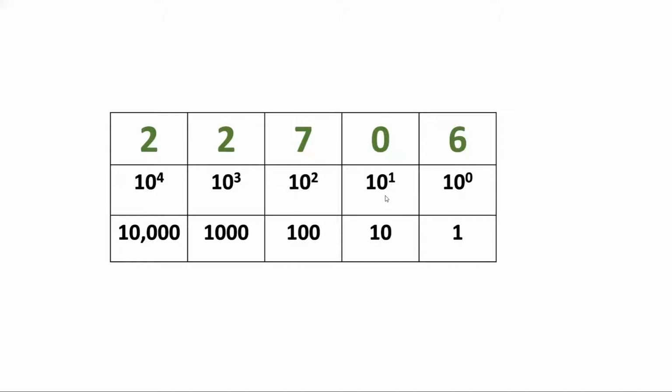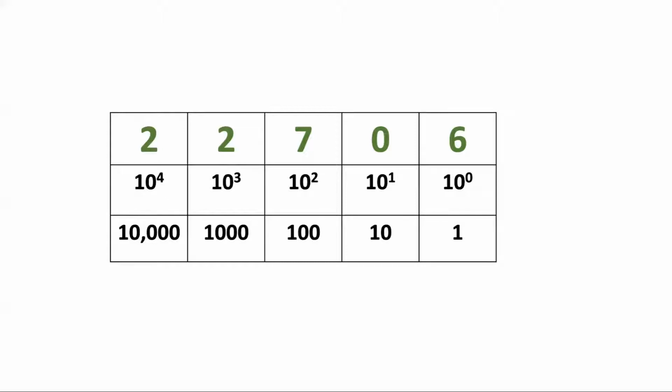The next digit shows the number of tens that we have in this number. The next one shows the number of hundreds, and the thousands and 10,000s, and so on and so forth. So here you see that although we have the same digit used in these two positions, they don't have the same value. One is showing the number of thousands and the other one is showing the number of 10,000s.